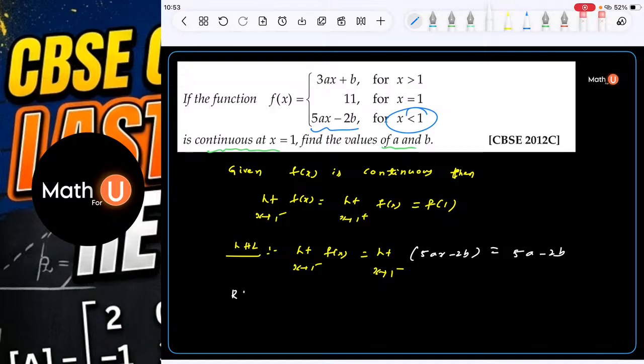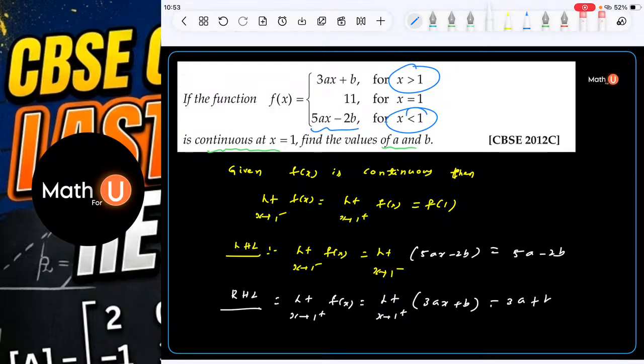Then similarly RHL, limit x tends to 1 plus f of x, for right hand limit this is the function, 3x plus b. Wherever the x is there replace 1, we get 3a plus b.